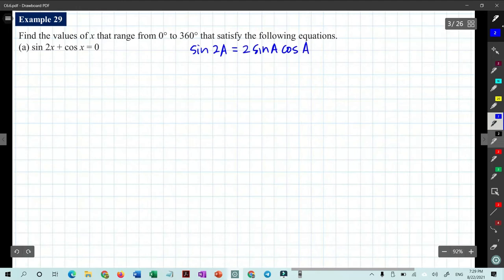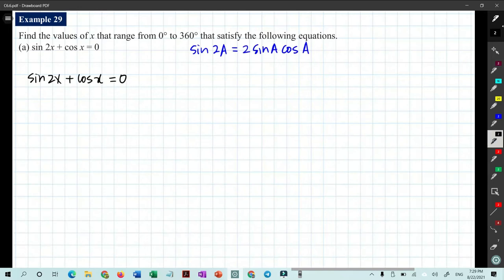So in this case, we can replace the a with x. So sine 2x plus cos x equals to 0.